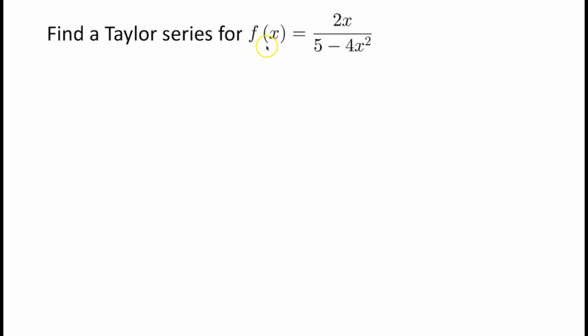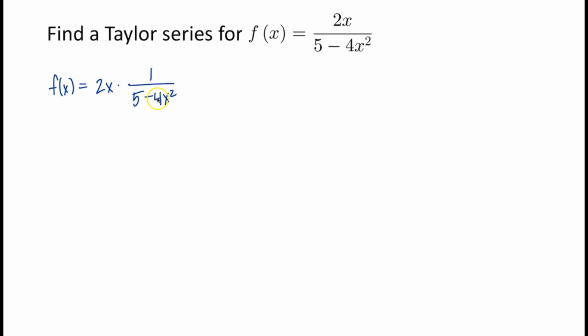Let's find a Taylor series for f of x equals 2x over 5 minus 4x squared. So what we first want to do is think about this f of x as 2x times 1 over 5 minus 4x squared. We know that we can build a geometric series when we have something that looks like a over 1 minus r.